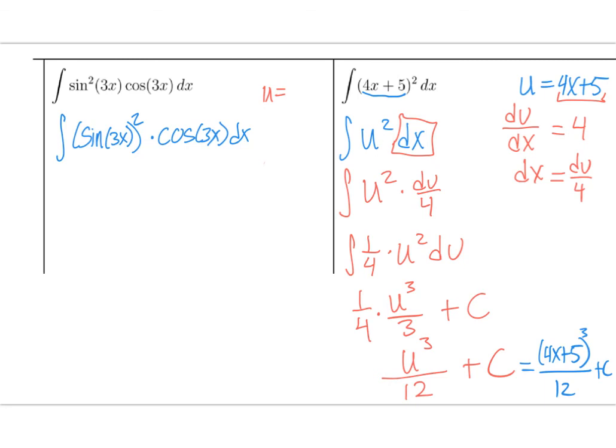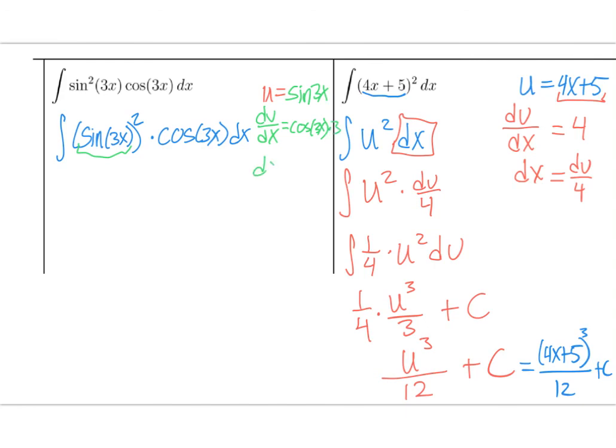In this function, I noticed that sine of 3x is inside something squared. So I'm going to try doing that as my u. So u equals sine 3x. Okay. du dx is going to be cosine of 3x. We've got a chain rule there, so times 3.